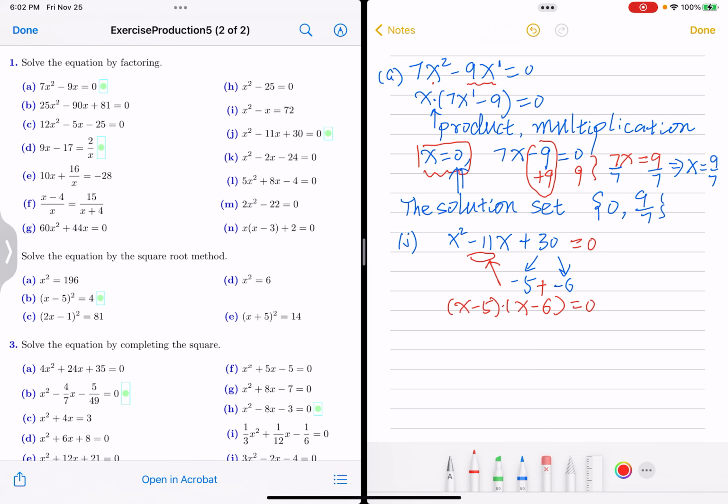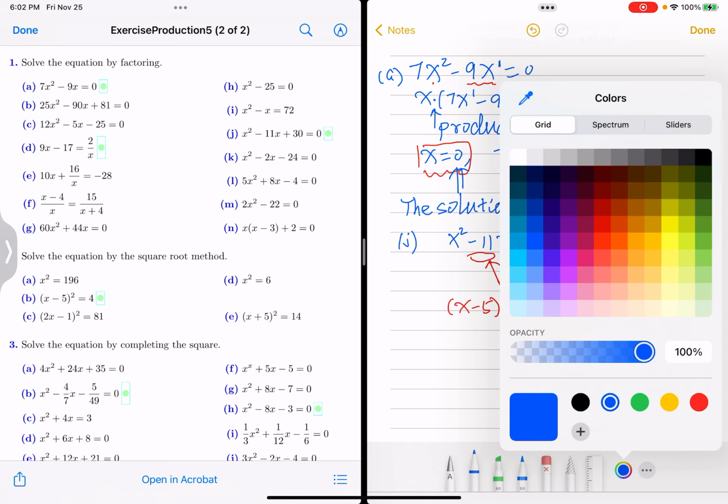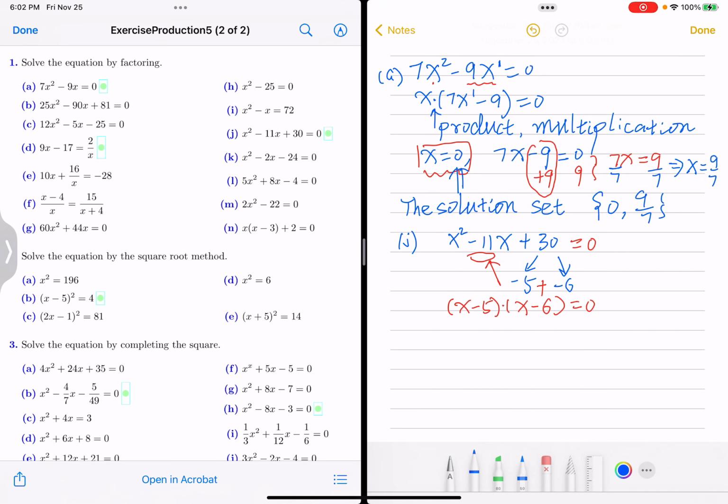Again, that's the product, multiplication. So in this case, we then have 2 possibilities. One is x minus 5 equals 0. Another is x minus 6 equals 0.